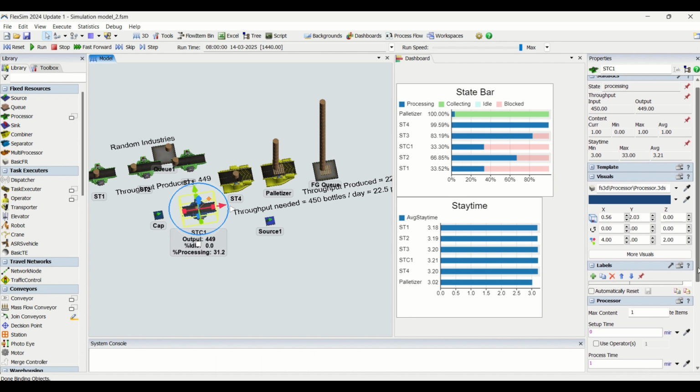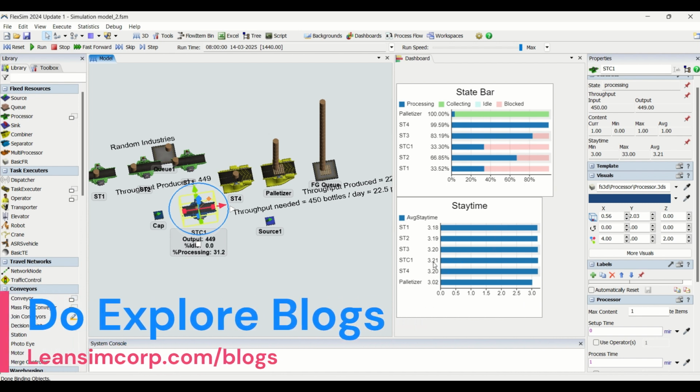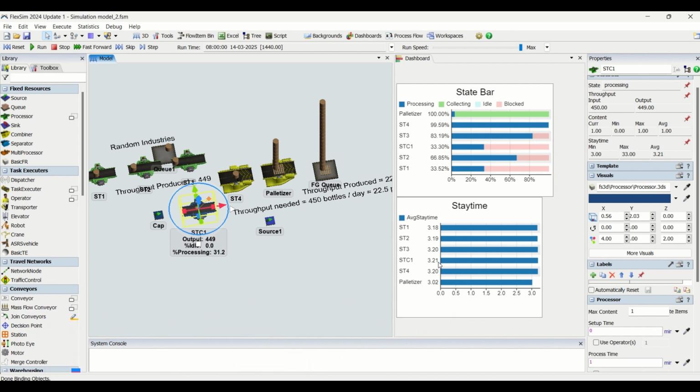But that is because we are waiting in the system, as we are not getting the bottles from the bottling line, so items are staying on it. It is almost blocked for 66%, so even though the stay time looks higher for STC1, it is not its cycle time, because it has to wait as I'm not getting the bottles. But the cycle time for my bottling station was 1 minute.